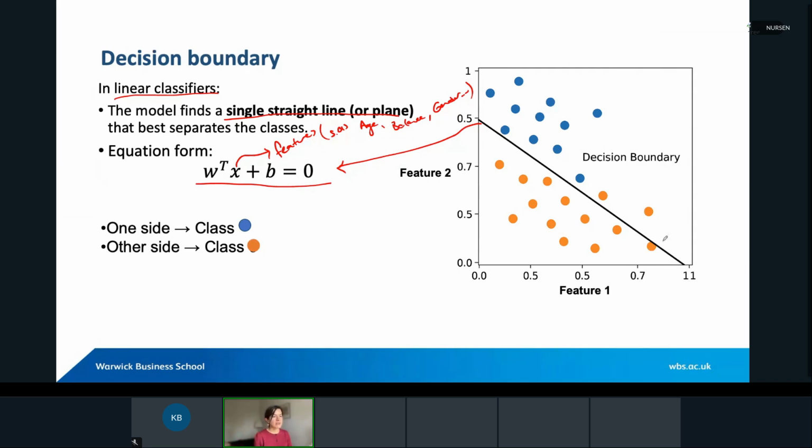We check if a point is on the right-hand side of the decision boundary. Here we have more blue points. Our prediction would be class blue. And if the future test point is under the line, here we have only orange points, or the majority is orange, we predict class orange.